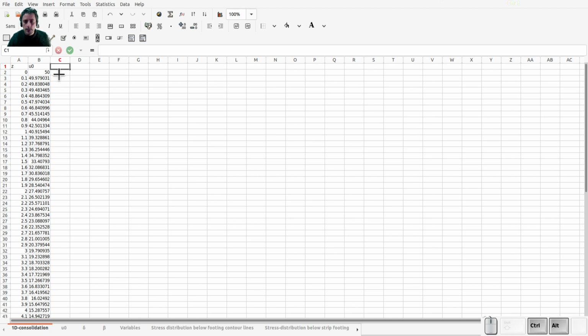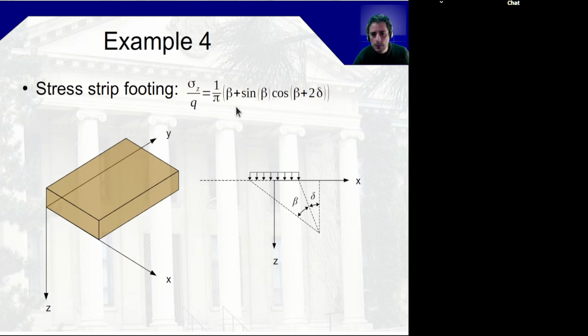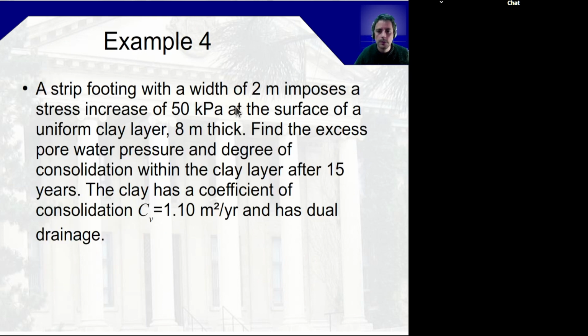But let's finish just considering our example for now, and we want to consider the material properties that we had, right? So we have CV equal to 1.10 meters squared per year. We have a q naught of 50 kPa.